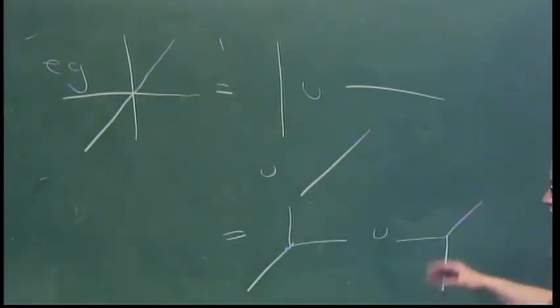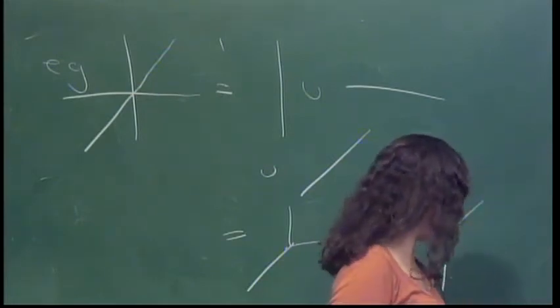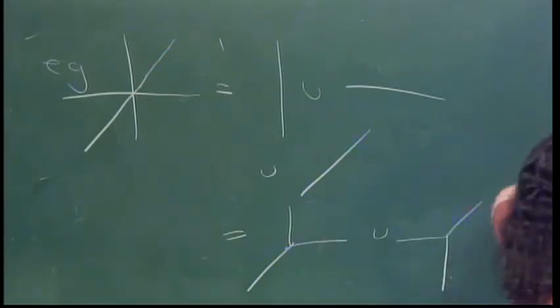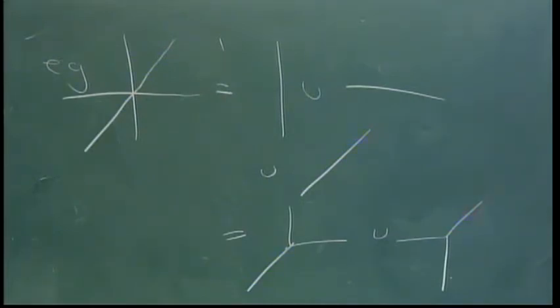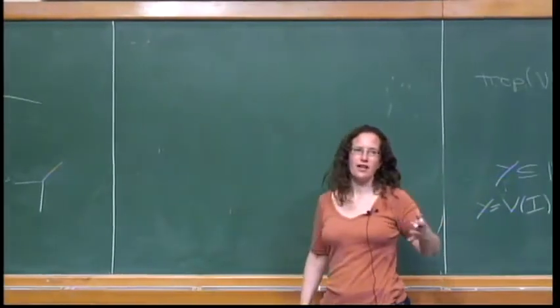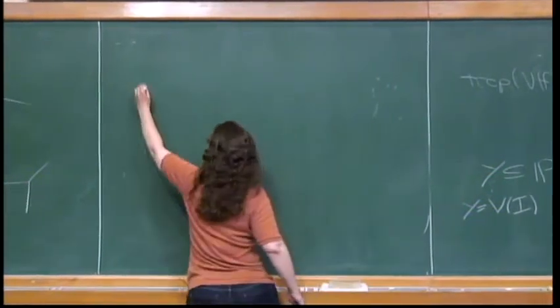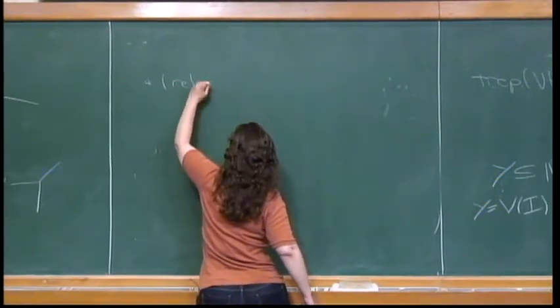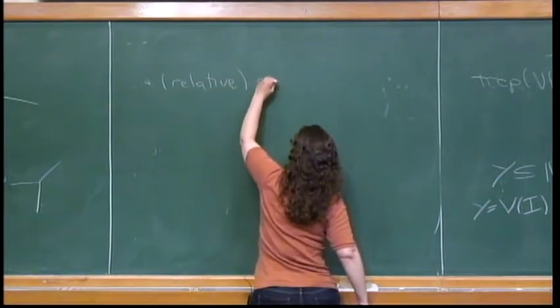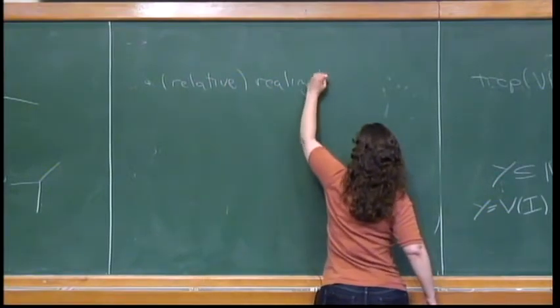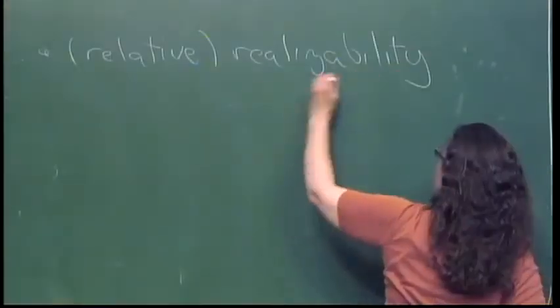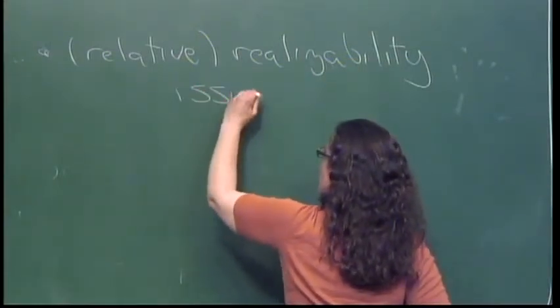So that's an issue from having a standard sort of theory of elementary algebraic geometry. And the other main complication, which is also well known and studied by many people in this room, is realizability issues.